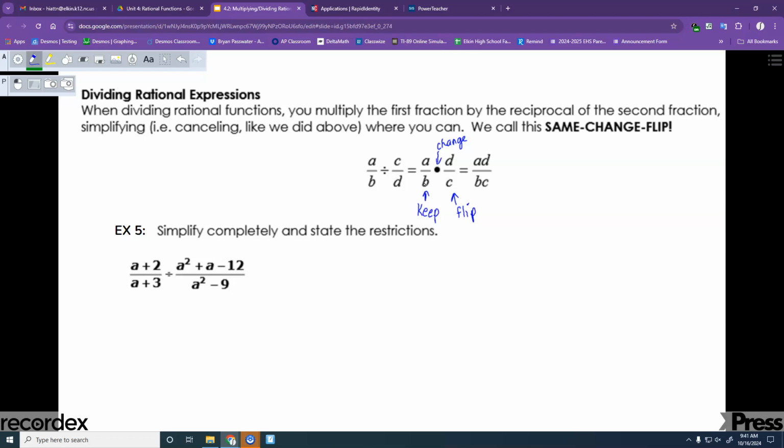Or, my favorite phrase for this one is: dividing fractions is easy as pie. Flip the second and multiply.